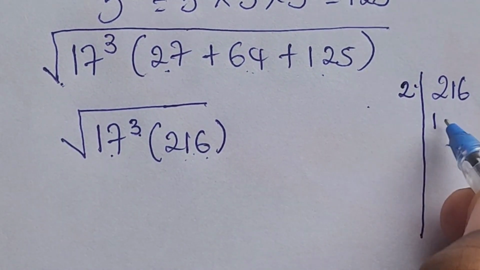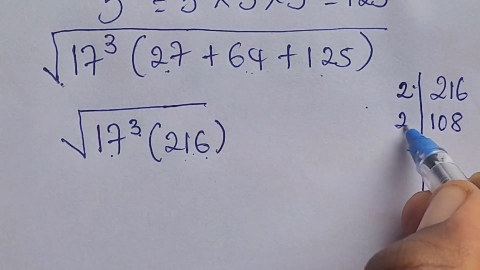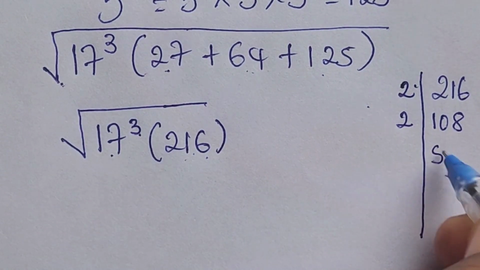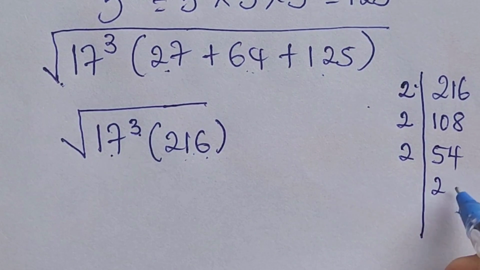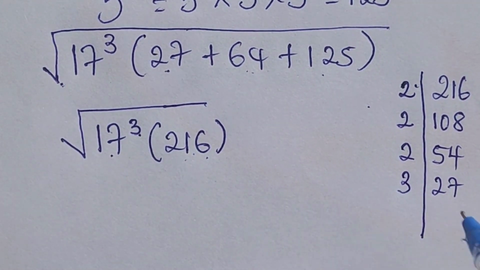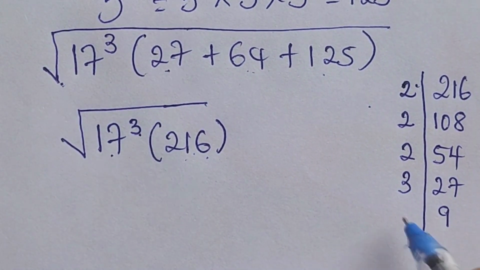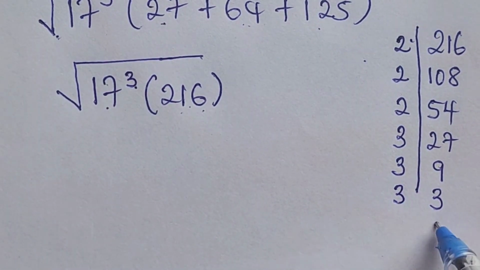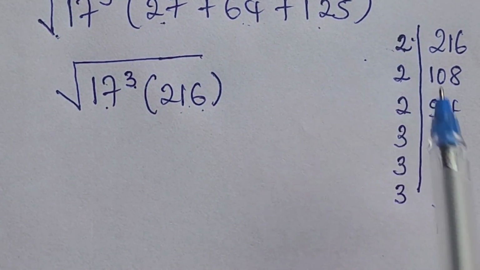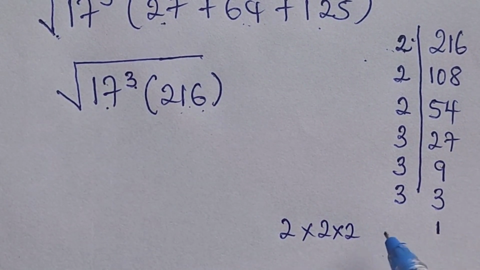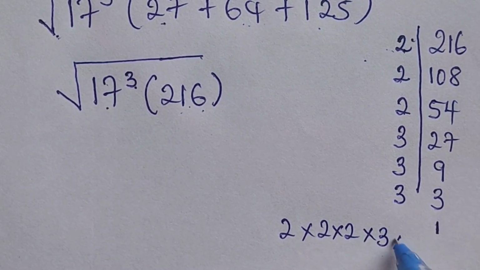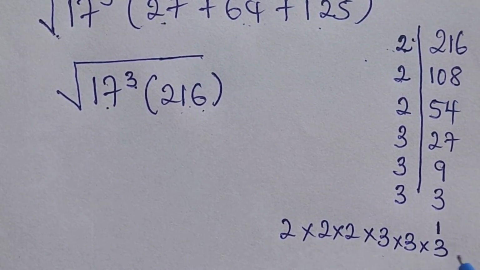divided by 2 we have 108, divided by 2 we have 54, divided by 2 we have 27, divided by 3 we have 9, divided by 3 we have 1. So we have 2 times 2 times 2 times 3 times 3 times 3.